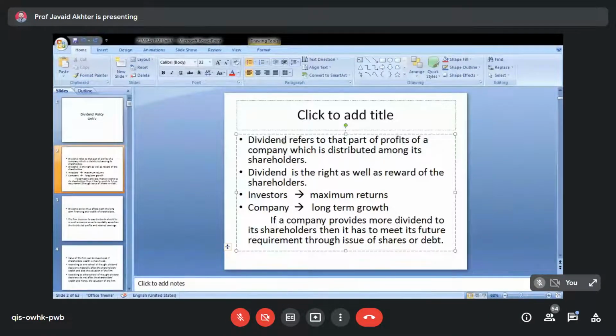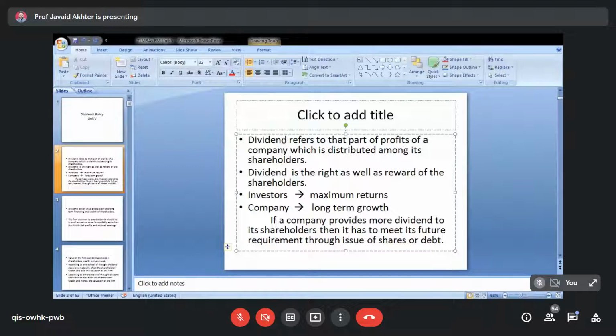Dividend is a word which refers to the part of profit which a company distributes among its shareholders. With the help of profit, you calculate EPS, and from out of that profit, the amount which is paid to the shareholders, that particular portion is called a dividend.